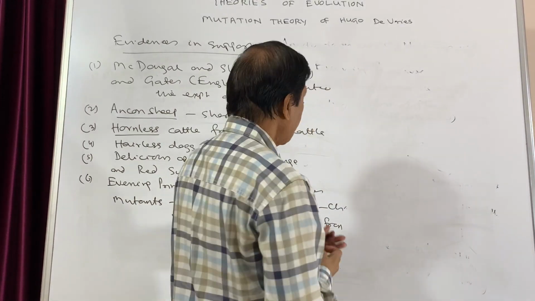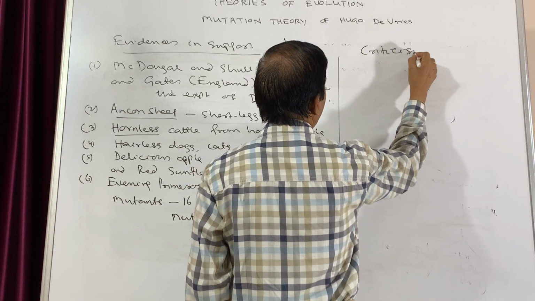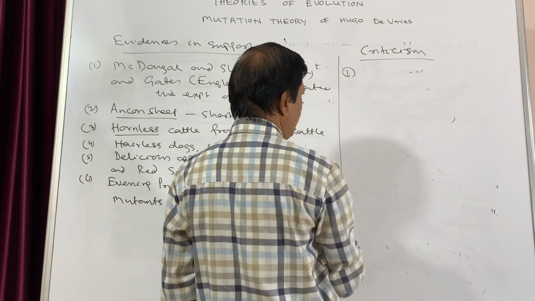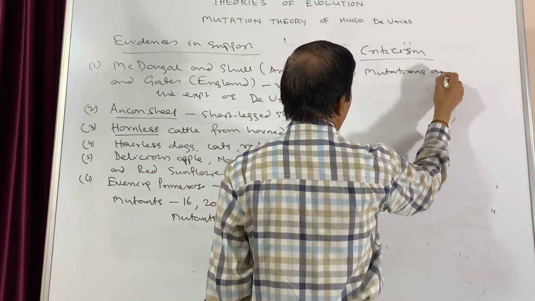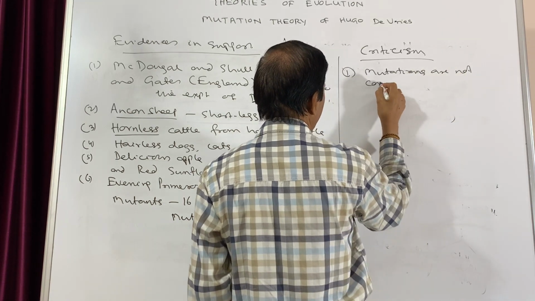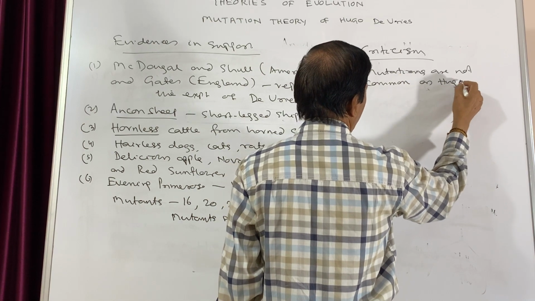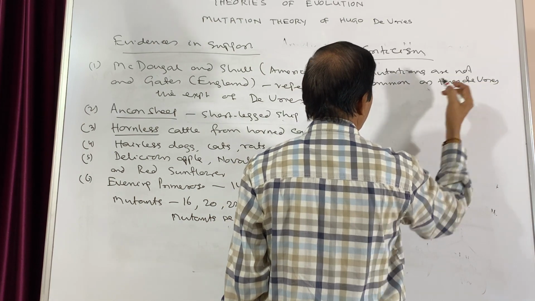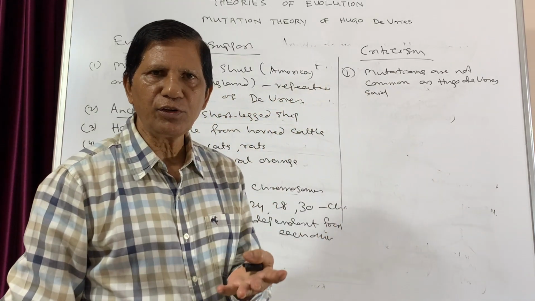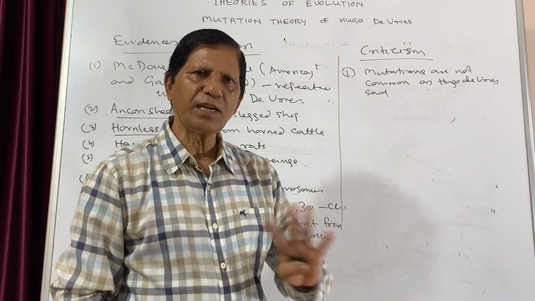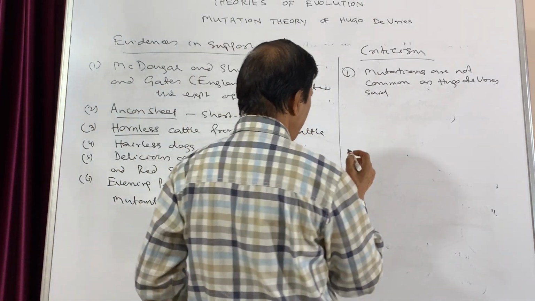The first criticism is that mutations are not common as Hugo de Vries said. That means he said due to mutation evolution is taking place, but mutations are not taking place in all organisms. It is not common as he told. So that is a criticism.